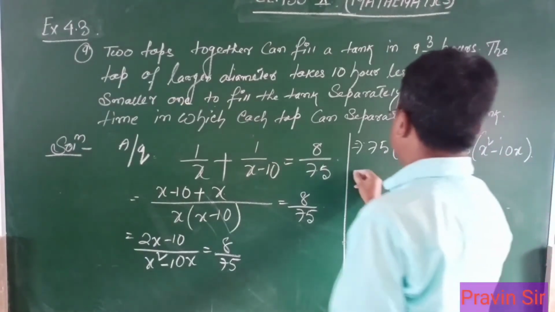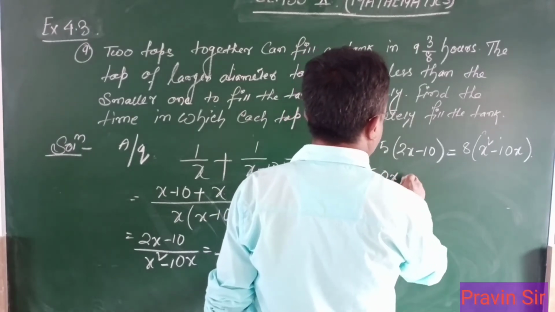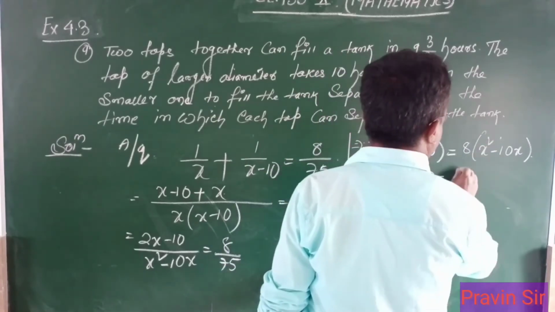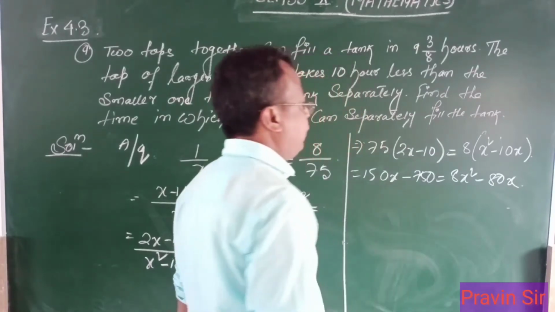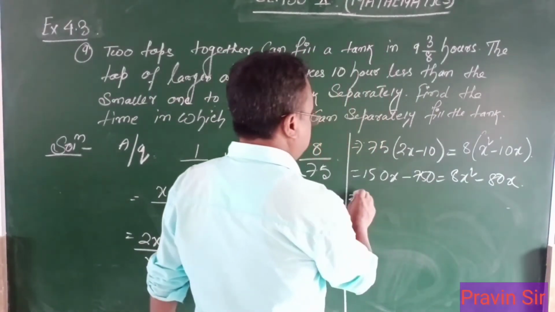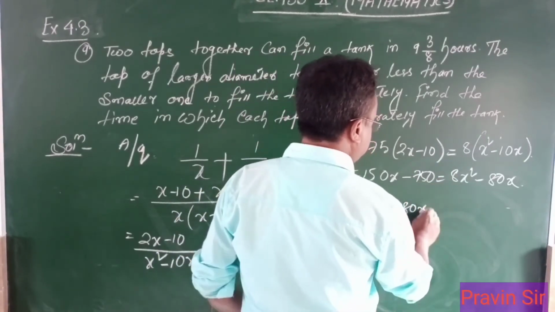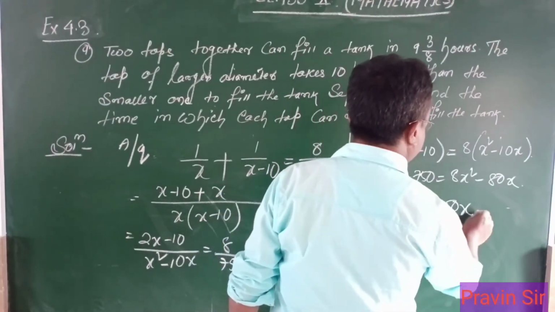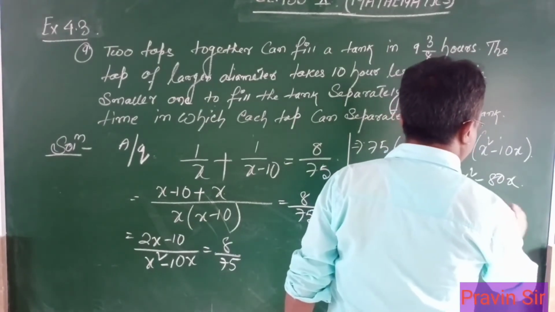Okay, so 75 into 2x is 150x minus 750 is equal to 8x square minus 80x. Okay, so transpose all the things to one side. This is 8x square already there, so minus 80x transposed to that side becomes minus 150x, and this 750 transposed becomes plus 750 is equal to 0.